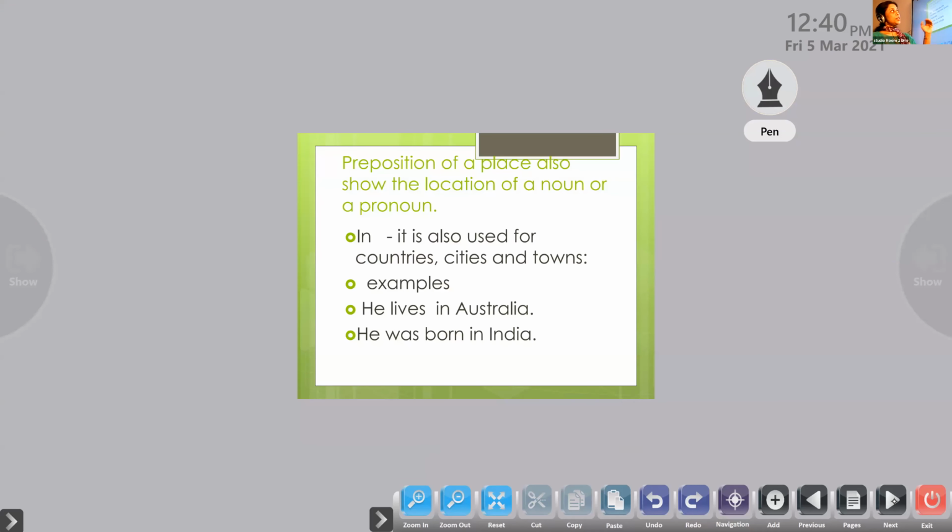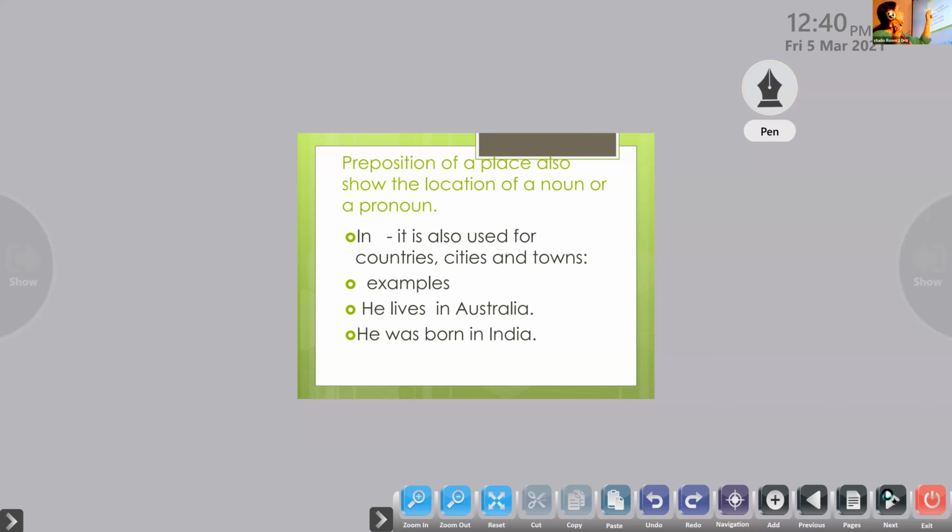So now let's move on to the location. We have different places located in different areas. Where is Mala's located? Mala's is located in Thrissur. So when we speak about the country, cities and towns, we use the preposition in. Clear? So prepositions of place not only tell the position, they also tell us the location.